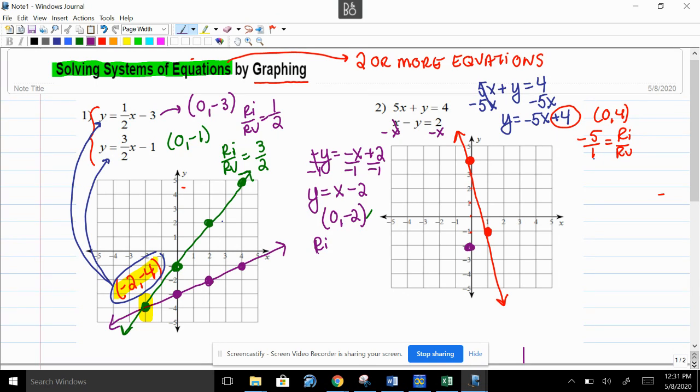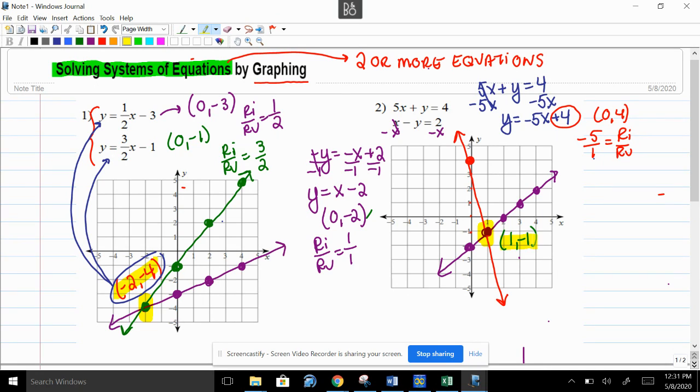Then your rise over run for that graph, there is no number, so that makes it a 1 over 1. Rise 1, run 1. There's my point. I can keep going if I want, just to make it look a little bit better, but I got what I needed. I found out where they crossed. Here's where they're crossing. So that's our answer. The answer to this one is (1, -1).